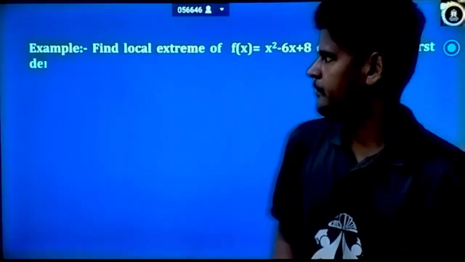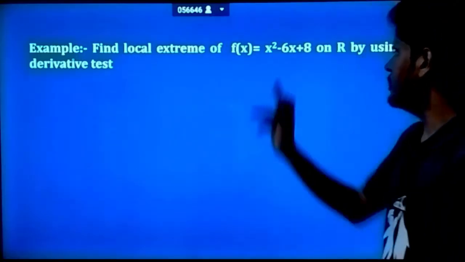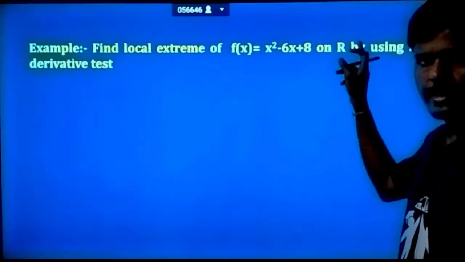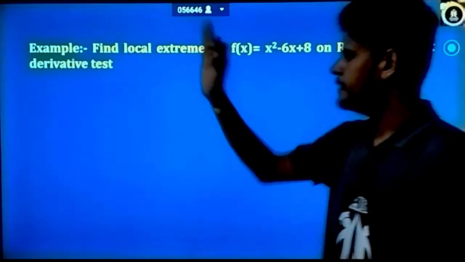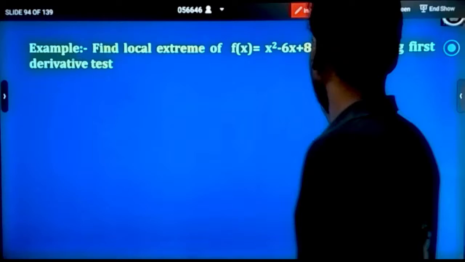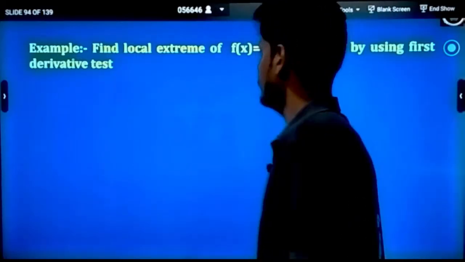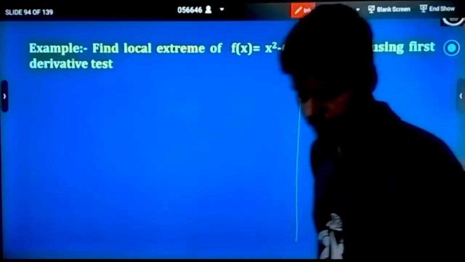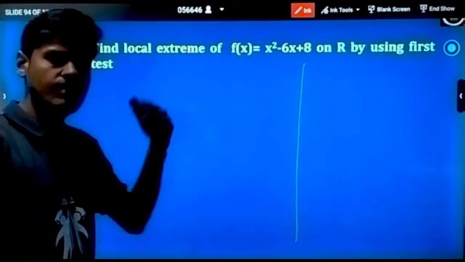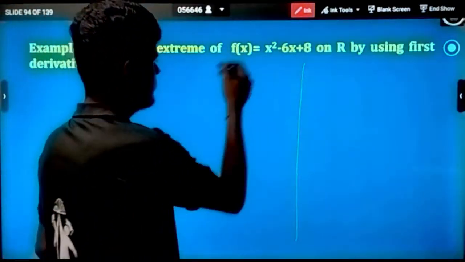For example, find the extreme value of f of x equal to x square minus 6x plus 8 on all real numbers by using the first derivative test. Okay, easy question. What is the first step, students? For finding a point of maximum or minimum, local extreme means maximum as well as minimum value, what do we need to do?